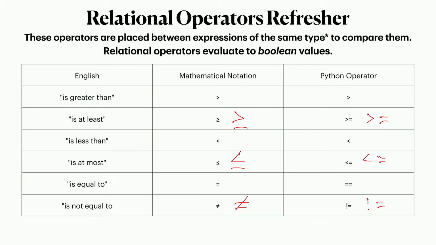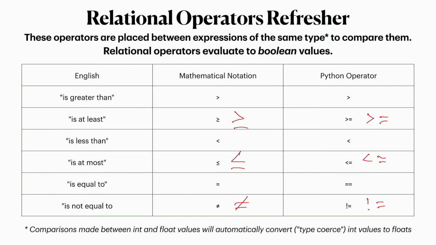Because if you compare an int and a float, similar to an arithmetic operation that operates on an int and a float, the int will be converted to a float so that the comparison works out. These relational operators evaluate to Boolean values. Right? So it's either true or false as a result of calling one of these operators.